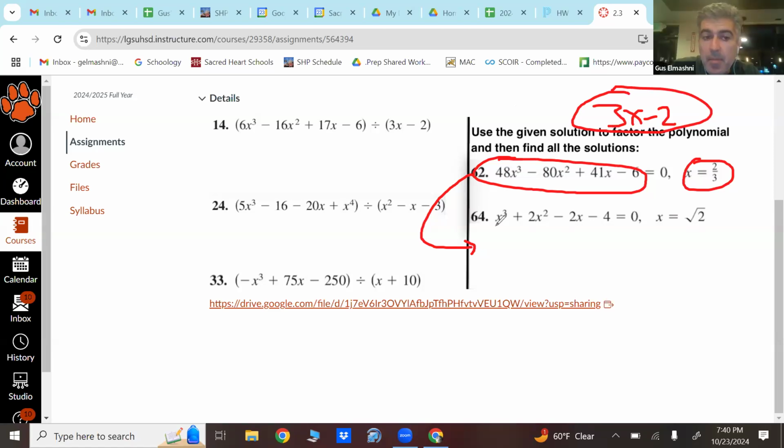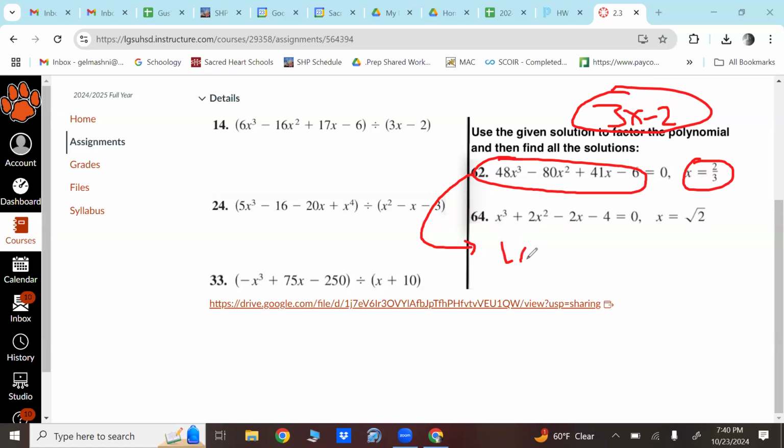Oh, sorry, repeat that again. 16x squared minus 16x plus 3. And the remainder is 6.